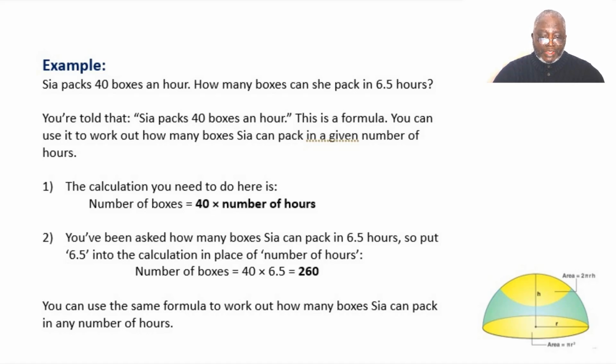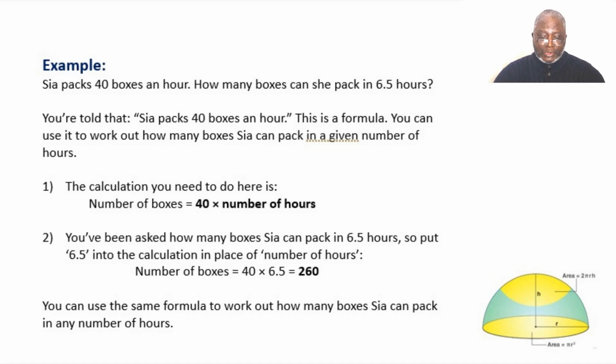You're told that Sia packs 40 boxes an hour. This is a formula. You can use it to work out how many boxes Sia packs in a given number of hours. How? Let's look at it. The calculation you need to do here is number of boxes equals 40 times number of hours.